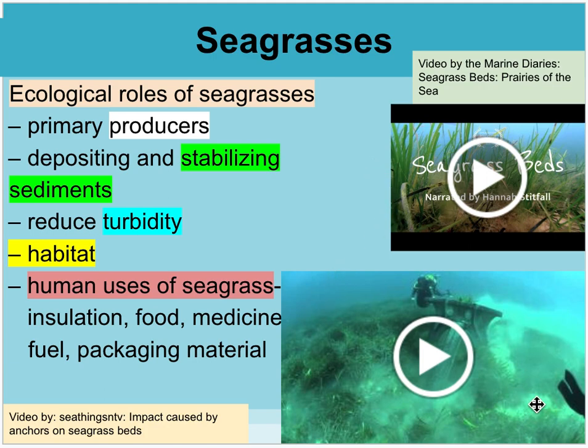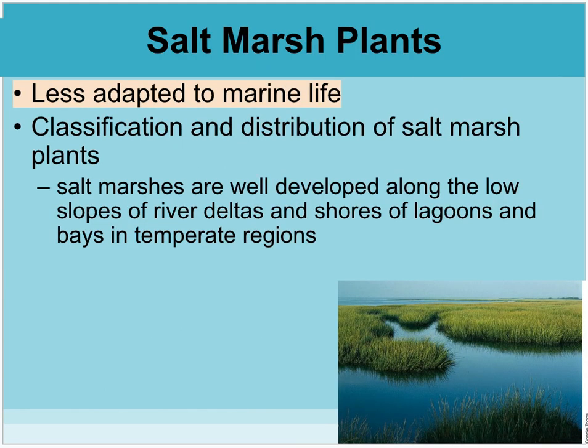This is actually a quick little video that was uploaded by scuba divers, just showing that they dove down and then they saw a cruise ship that dropped anchor, and then it's being dragged across the seagrass bed, and you can see how it increases turbidity, and you can see the different animals that get affected and chewed up by that. Now, some people think that's not that big of a deal, where other people think that's a really big deal and shouldn't happen.